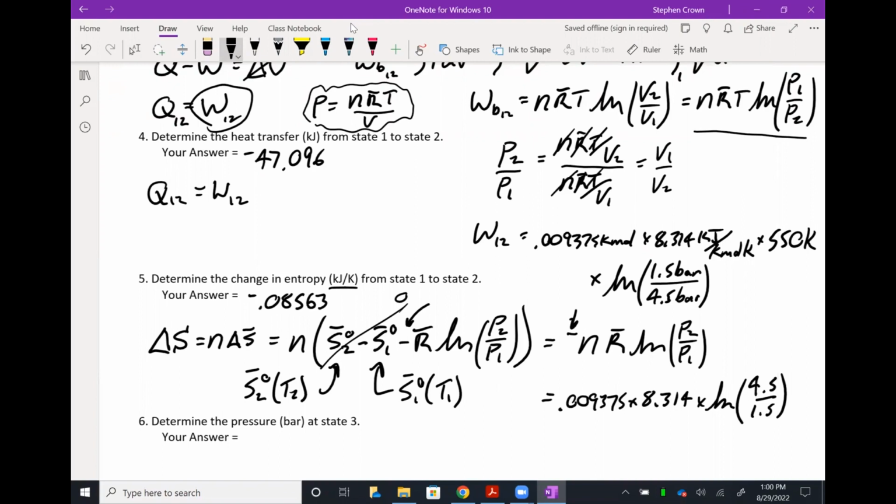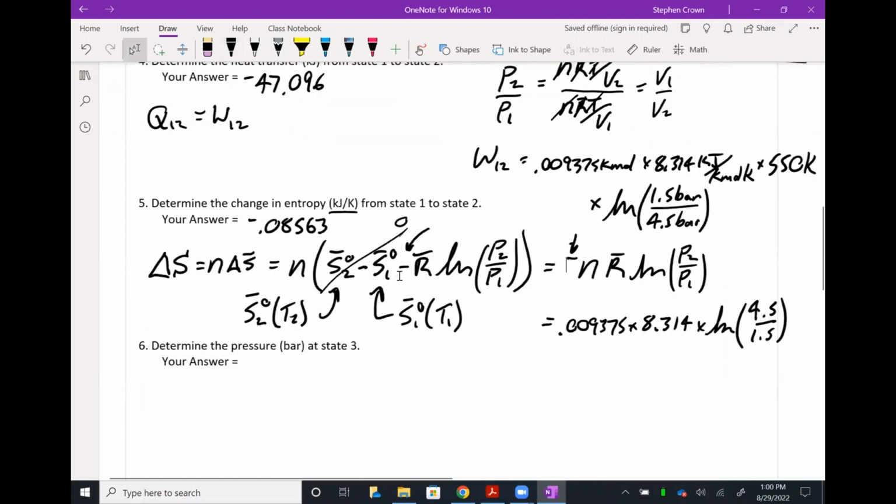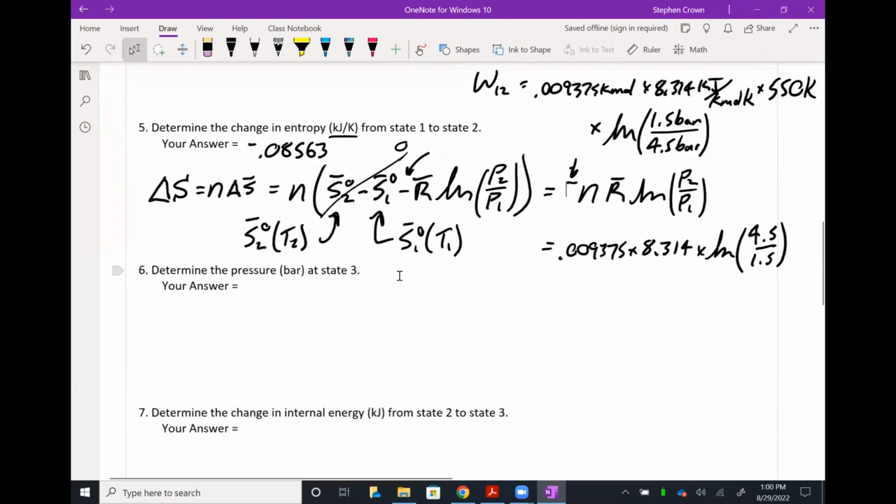All right, moving on to part 6. We're going to use the same equation, but note that our second process is isentropic. Isentropic means the entropy doesn't change. So delta S equals 0, which means that n delta S bar equals 0, and which means then that delta S bar is 0.